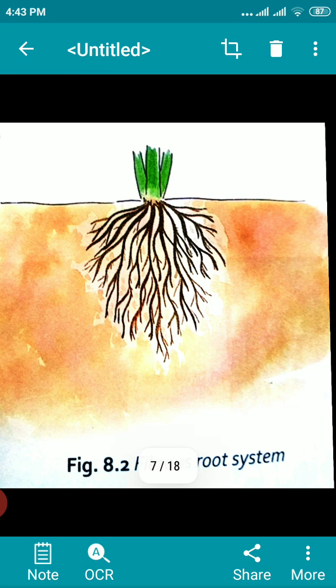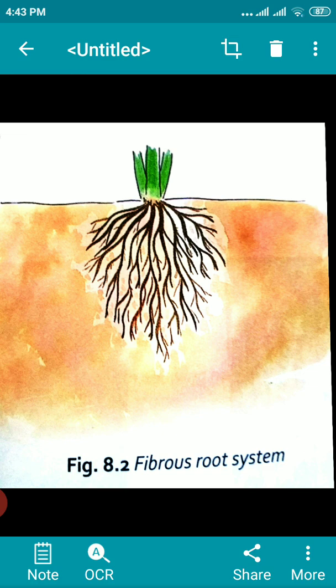Now the next one is the fibrous root system. In plants like maize, a cluster of roots arise from the base of the stem. You can see in the picture the large number of thin and fiber-like roots which arise from the base of the stem. So these roots are called the fibrous roots.